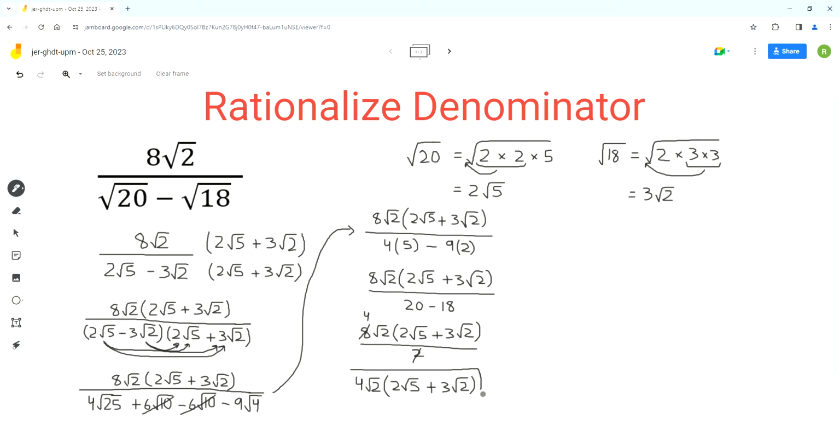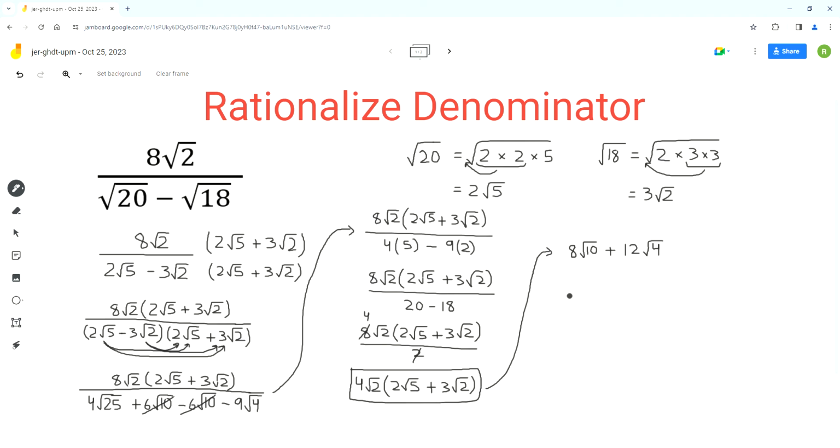Now you can also distribute 4 times square root 2 into the parentheses. So I can show you the steps here. So if we do that, we'll do 4 times 2, which is 8, and then multiply the radical parts. So 2 times 5 is 10, and then plus, now we have to do 4 times 3, which is 12, and then square root of 2 times square root of 2 is equal to square root of 4.